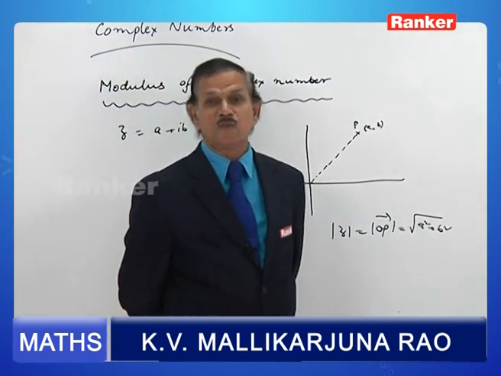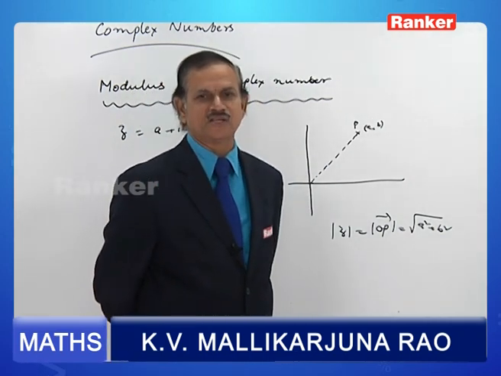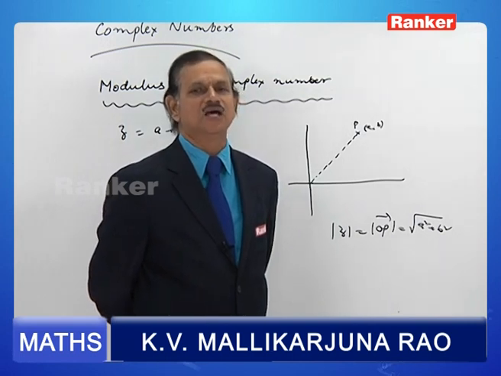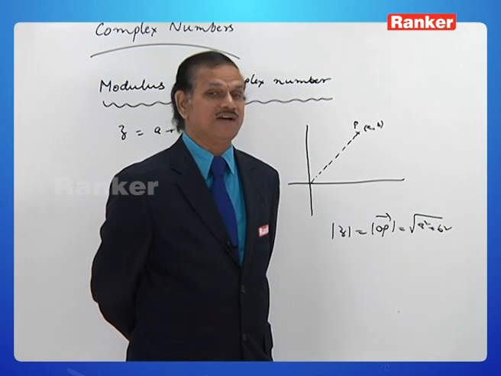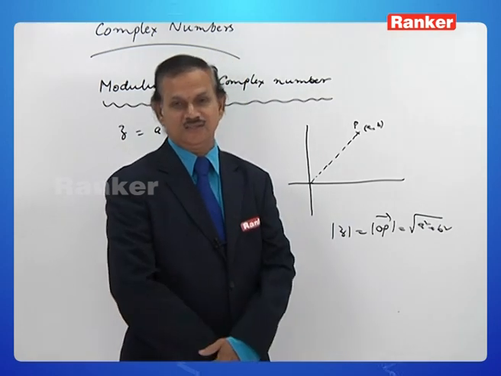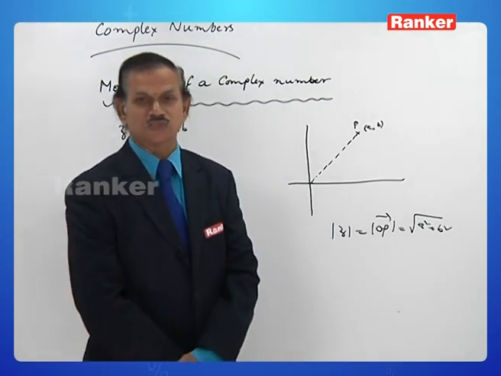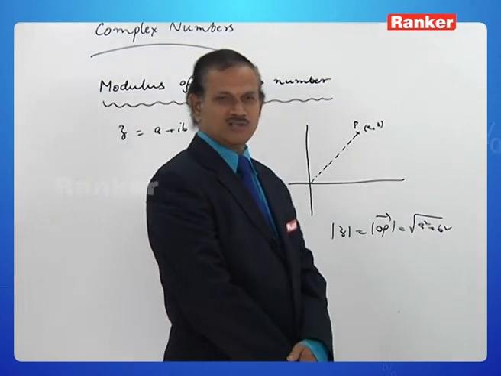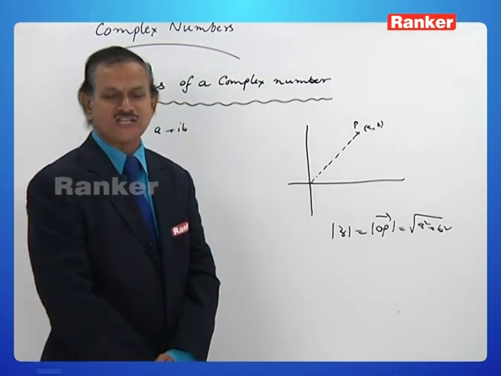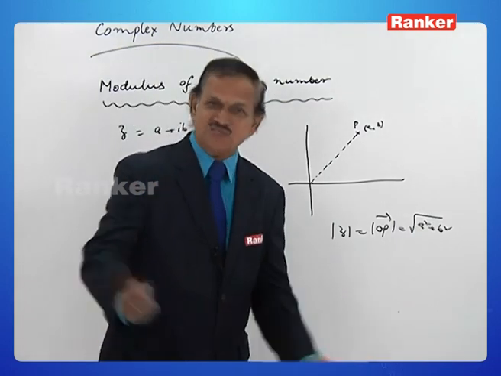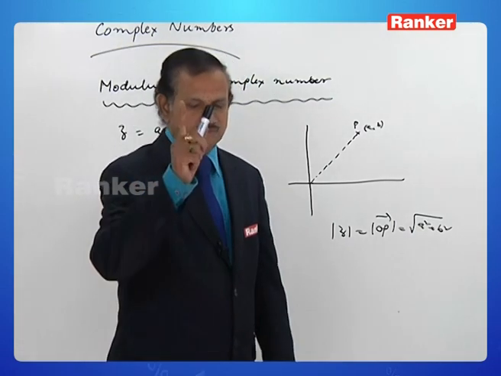Of course, the vector OP bar is a i bar plus b j bar plus c k bar, and mod OP bar is root of a square plus b square plus c square. There also we could have used the same sentence. So the modulus of a complex number we can mean as the distance of that complex number, represented as a point in the plane, from the origin.